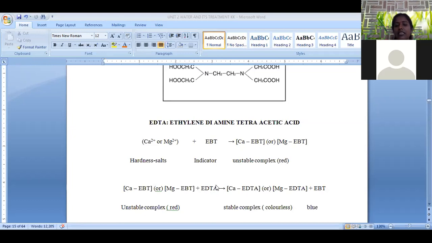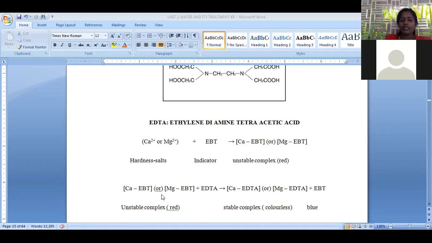That's the reason why EDTA is able to form 6 coordinate covalent bonds with calcium. Octahedral complex formation is possible in that reaction. That's why EDTA is able to form a very stable complex. That complex, calcium EDTA or magnesium EDTA, is colorless.